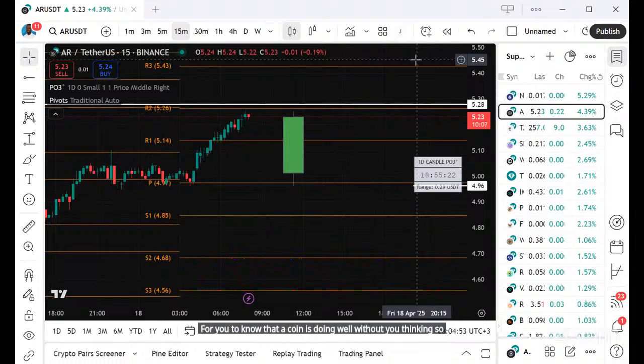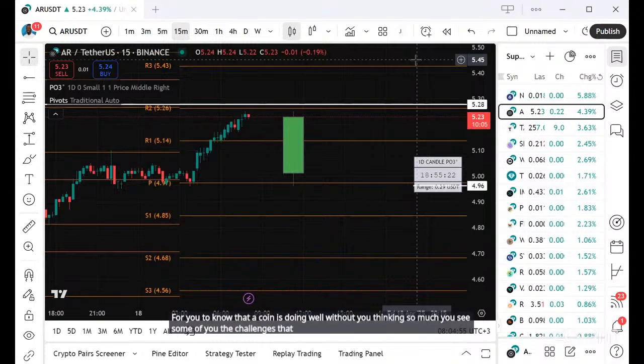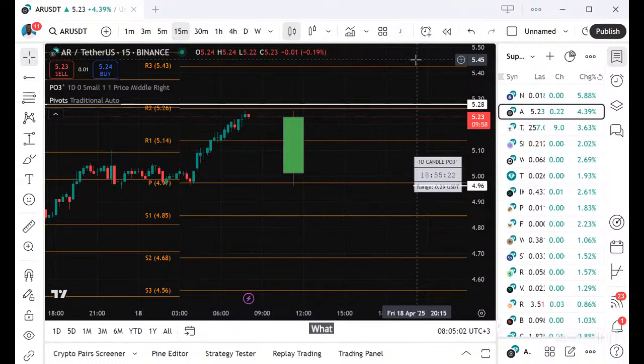You see, some of you overthink. If you want to know that a coin is doing well, what do you see, without overthinking?